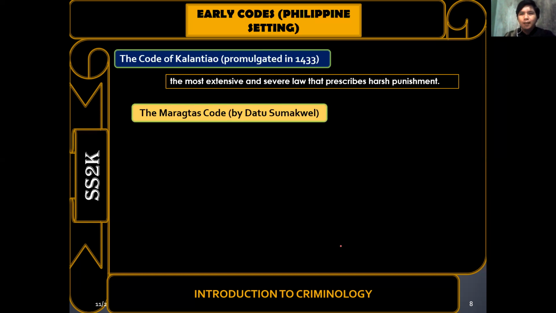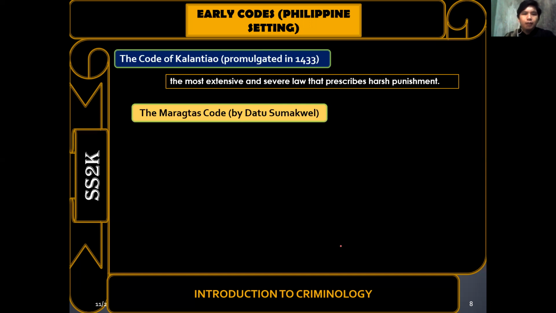Yung pagka dumadaan ka sa buntod ng isang patay, no, bawal po na mag-ingay, no? Bawal po na humihiyaw-hiyaw, no? Ayan. O bawal na kumontra sa mga magulang. Ayan. That is punishable by death. You know. So that is Code of Kalanchao, no?